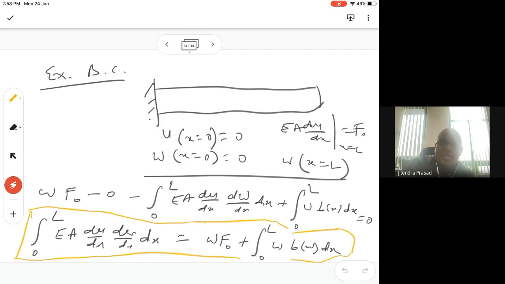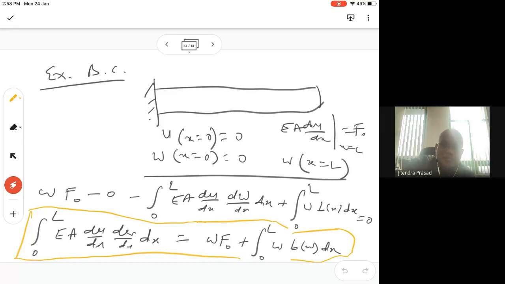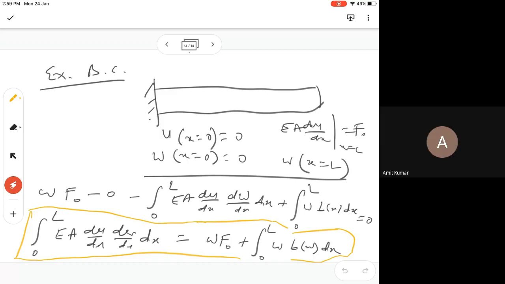So the previous one was the strong form, right? Right, without integration. All right, sir.